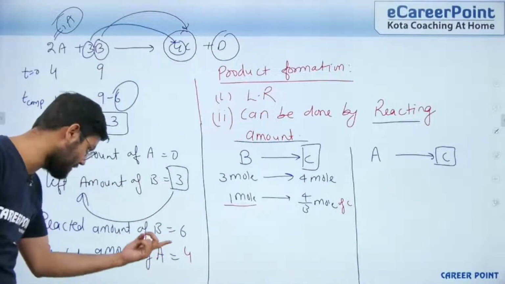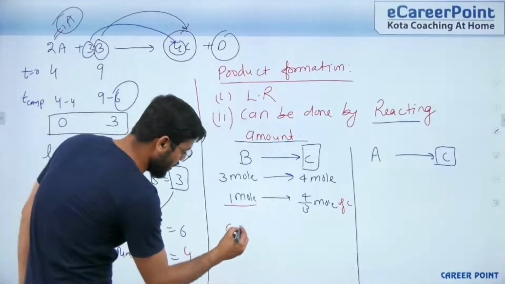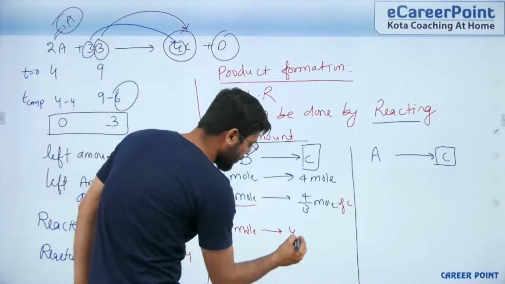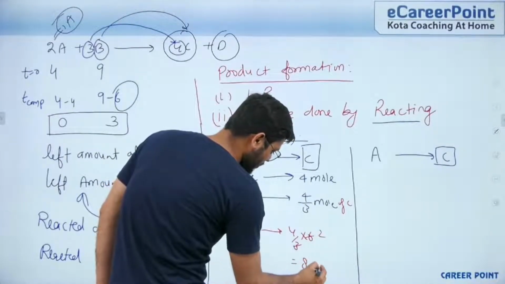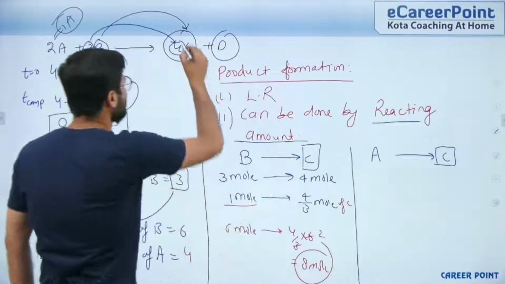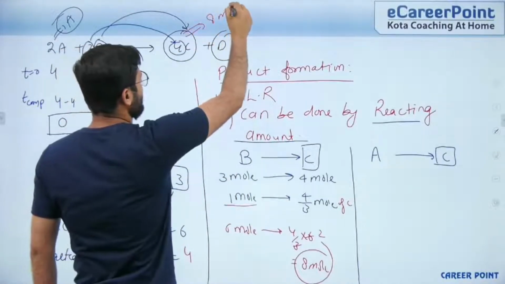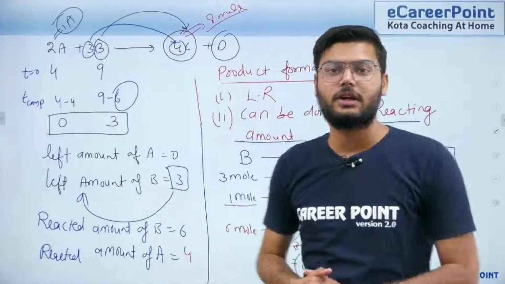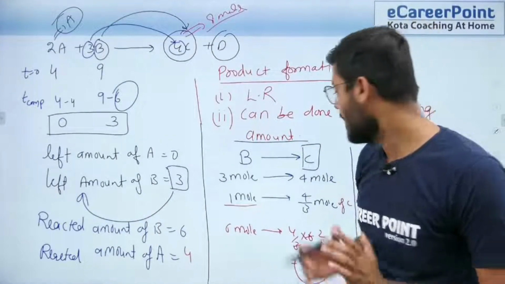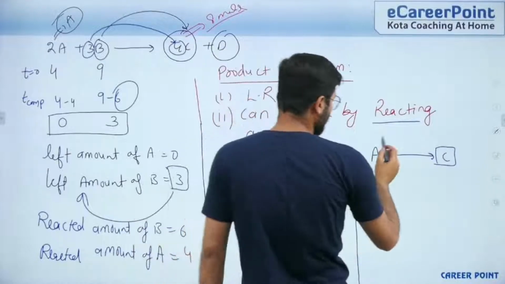Only 6 mole is reacted. So 6 mole is going to form 4 by 3 into 6, which is ultimately 8 mole. So I can clearly write that 8 mole of C is going to form in this reaction. Now let's try to find out A to C.